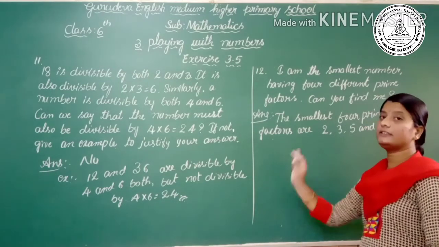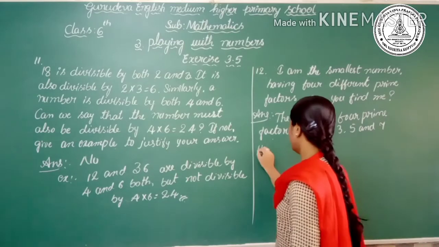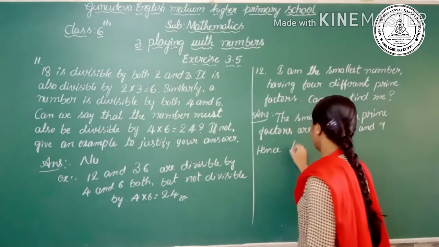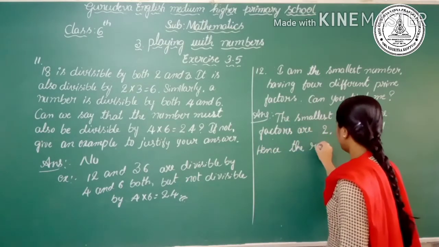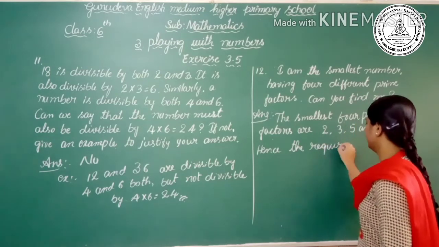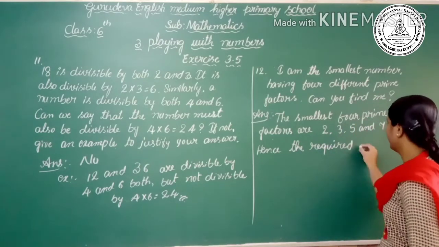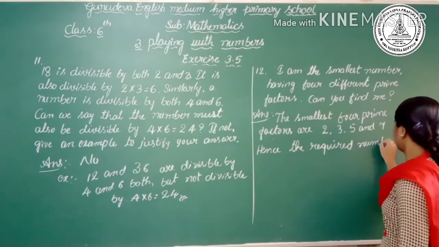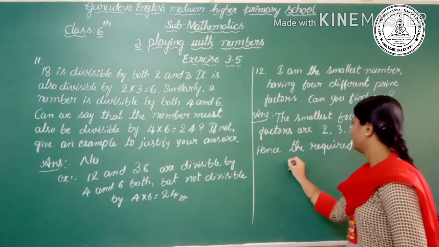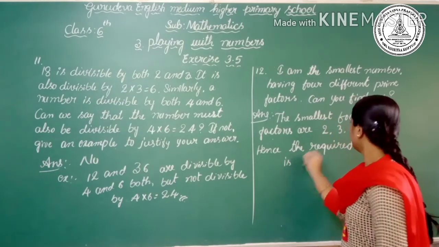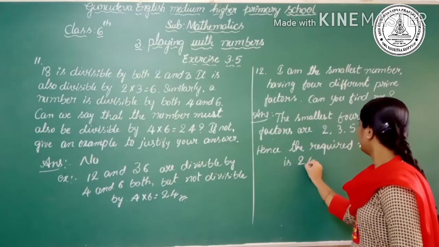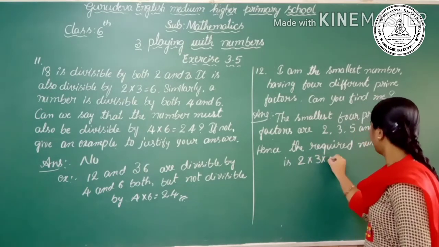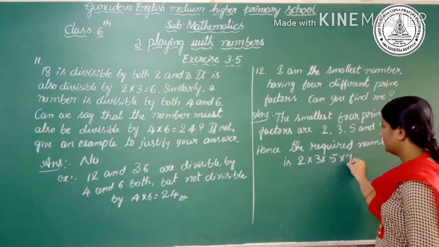Hence the required number is 2 into 3 into 5 into 7.